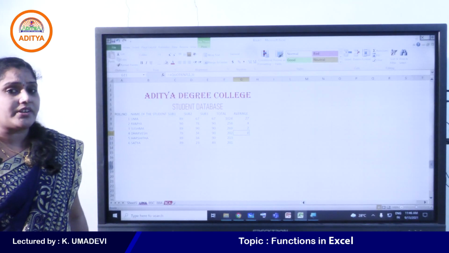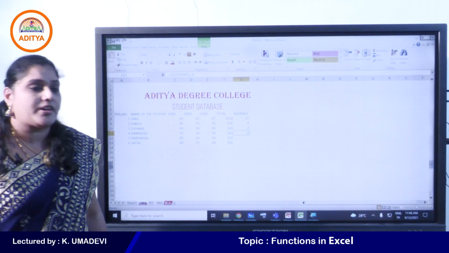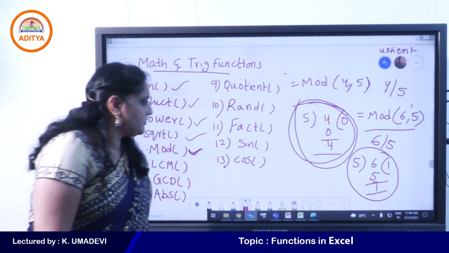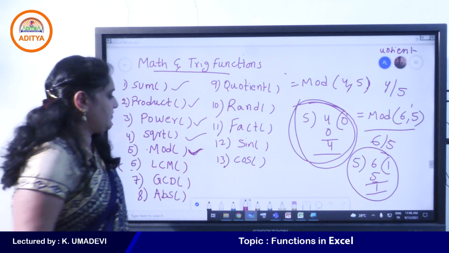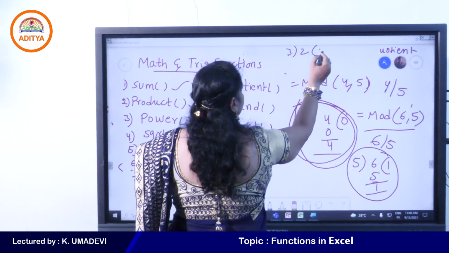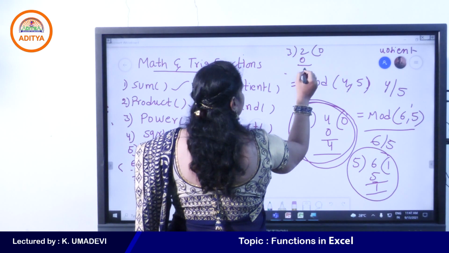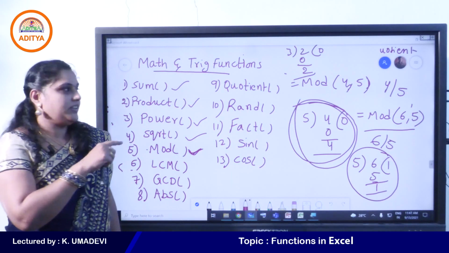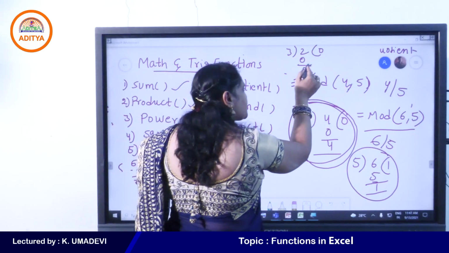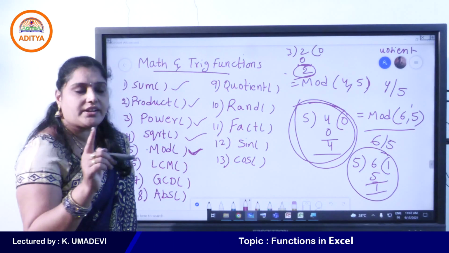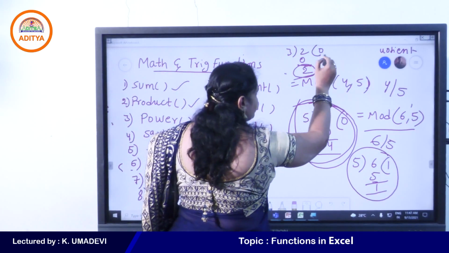Again, quotient of 2 comma 3 is 0, and mod of 2 comma 3 is 2. Yes. The remainder is 2, right? Here the mod function returns 2 as its result, whereas the quotient function returns the quotient as 0.